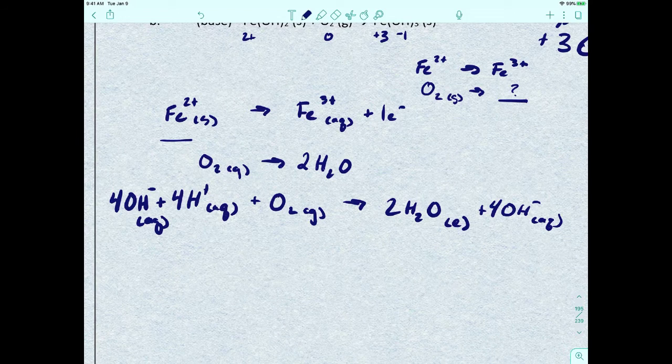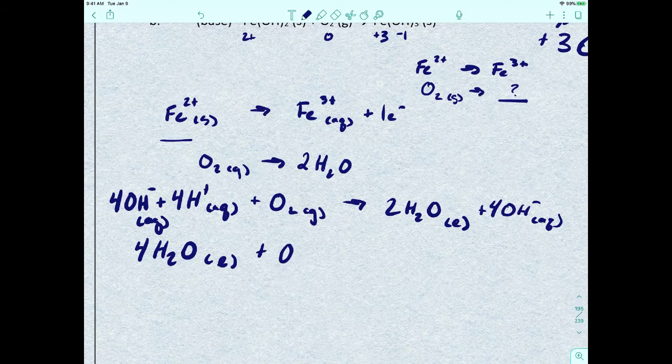Okay. All right, so then for every H plus and OH minus that we have on the left-hand side, they're going to combine to form water. So we've got 4 H2O, 4 water molecules formed from the 4 OH minus and the 4 H plus, and that becomes liquid, not aqueous. Let me rewrite that.